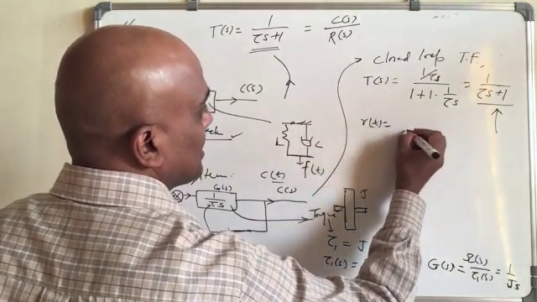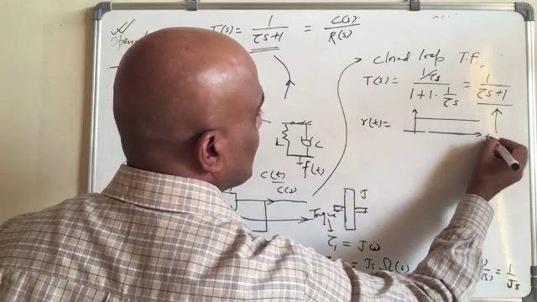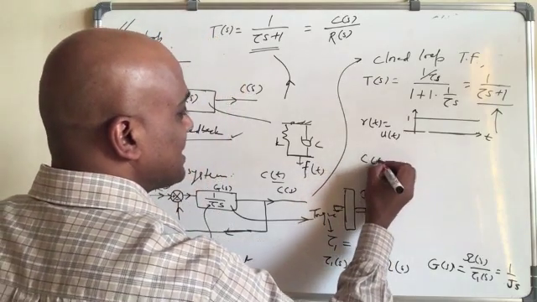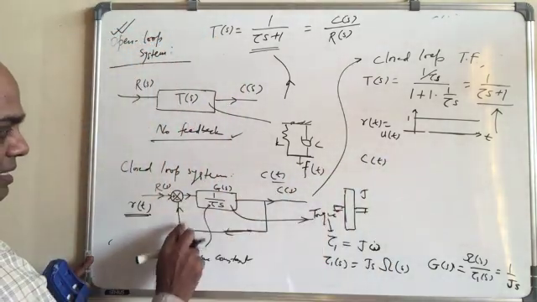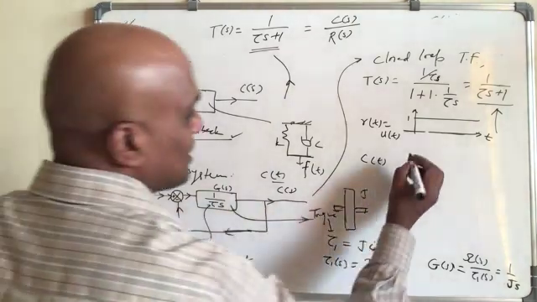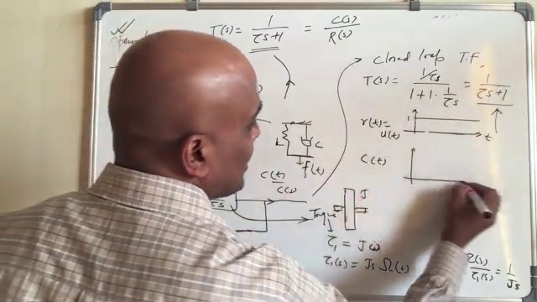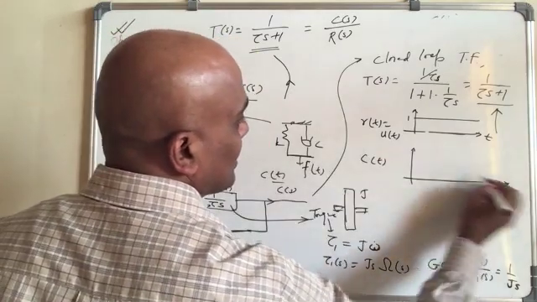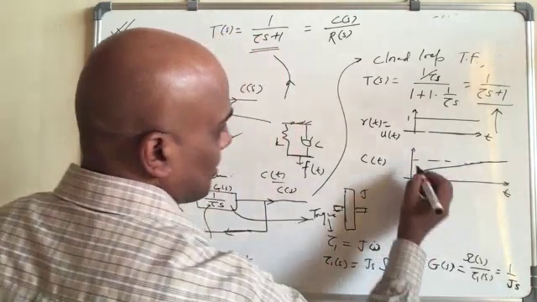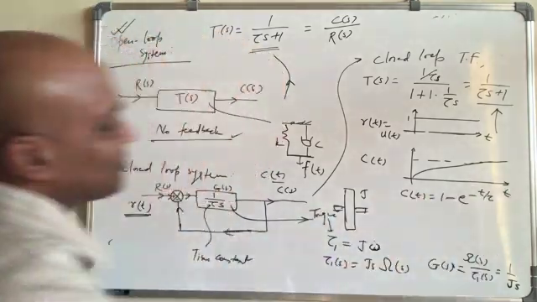So RT is a unit step function like this, equal to UT, and you know CT in that case. Since the overall transfer function, meaning the closed loop transfer function, is this, we have already solved how CT will look like, and it will look something like this. And what is the value? CT will be 1 minus e to the power minus t over tau.